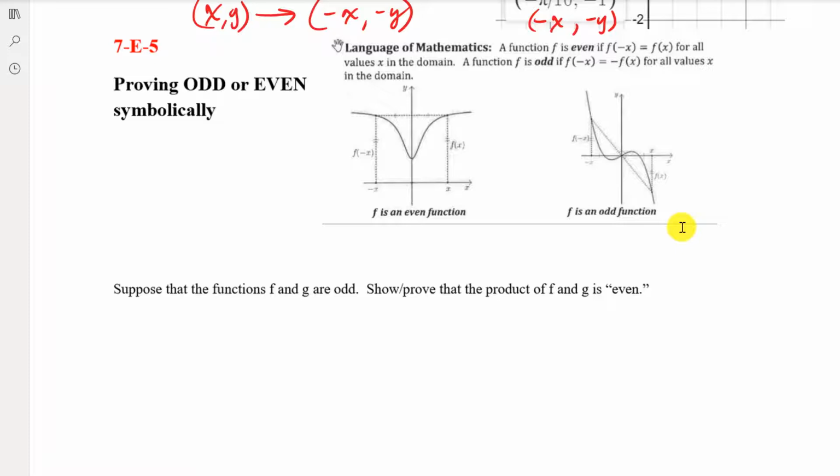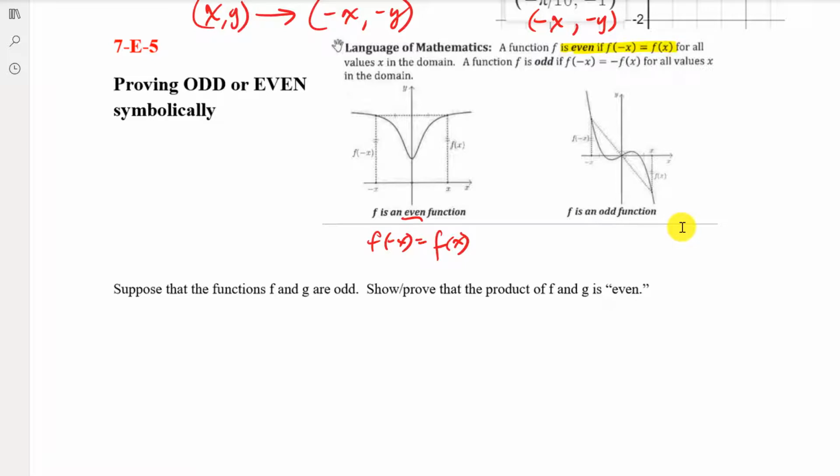Okay, and as I said before, if a function's even, that's this portion up here. Let's just highlight it.